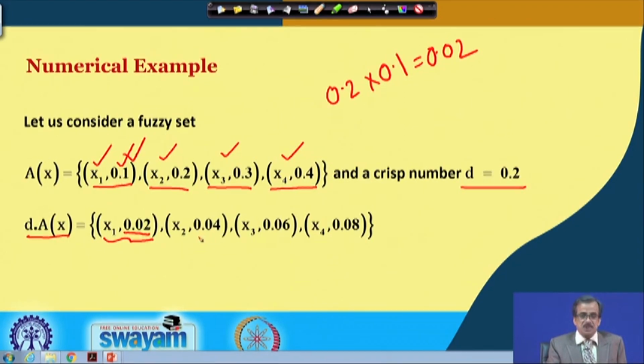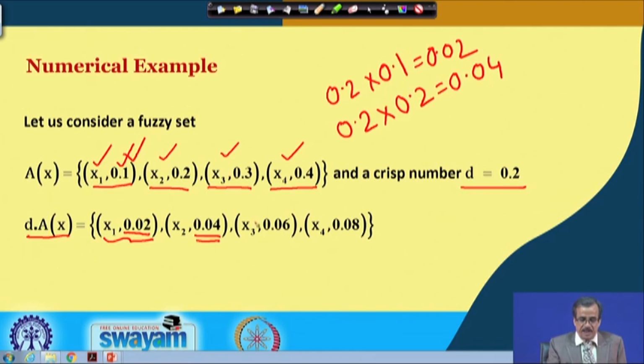Following the same procedure, corresponding to x2, the membership function value is 0.2 multiplied by d, which is 0.2. So, this is nothing but 0.04. So, corresponding to x2 we will have 0.04.